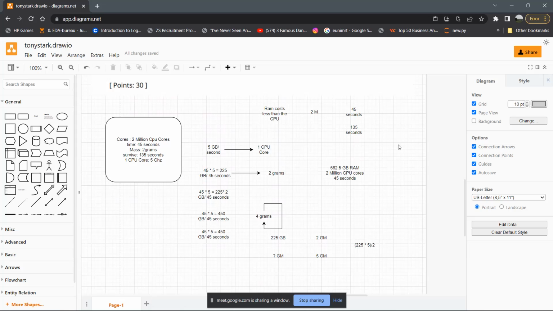So we are trying to increase the time, and both are inversely proportional.